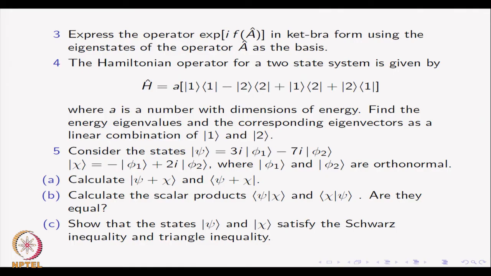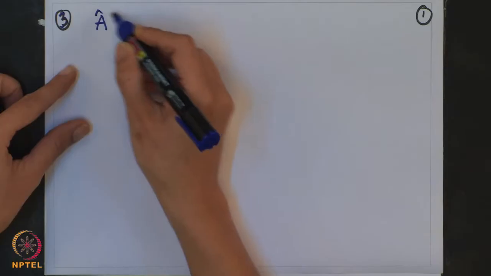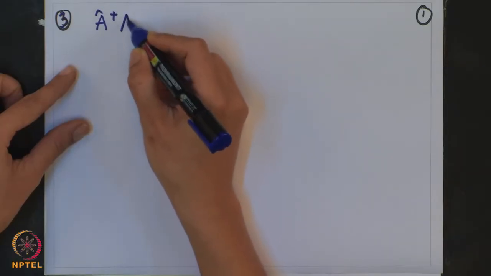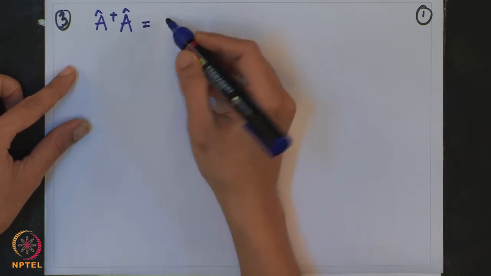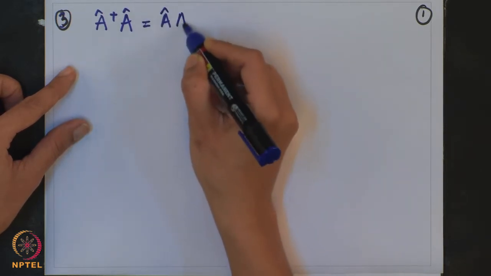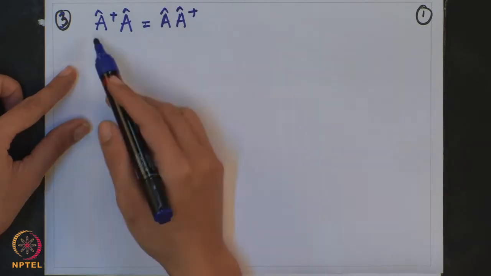I can give you a hint of this problem and you can do it. So first of all, we assume, in problem 3, that this operator is normal, that is A dagger A is equal to A A dagger.